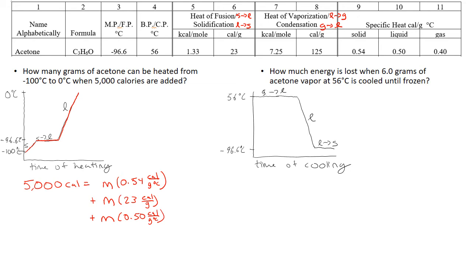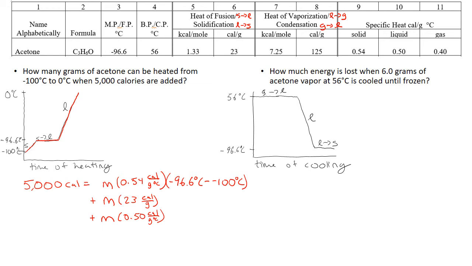If we go back to that first segment here, it's going from negative 100 to negative 96.6. If we do final minus initial, we end up with this for our temperature change. I know some of you don't like that double negative there, but it is what it is.